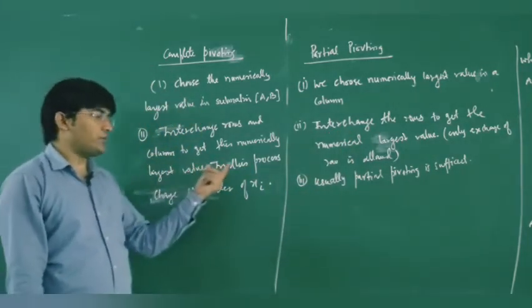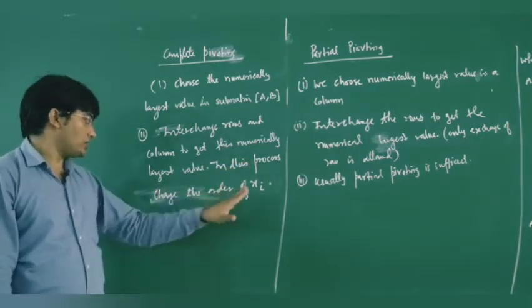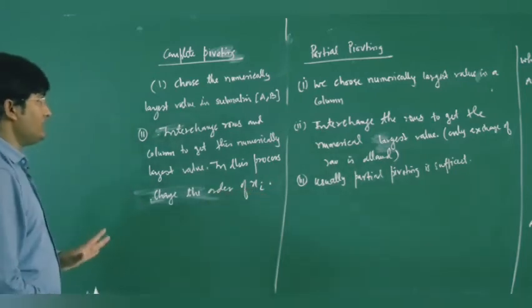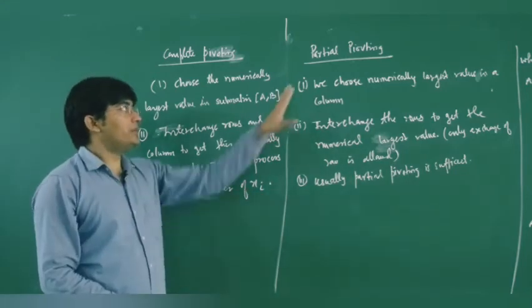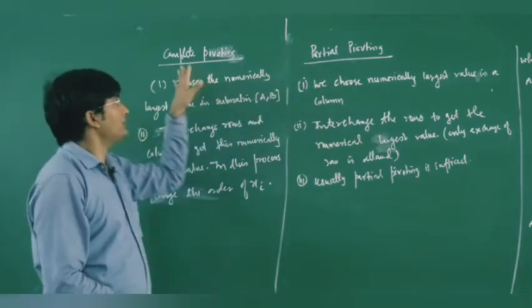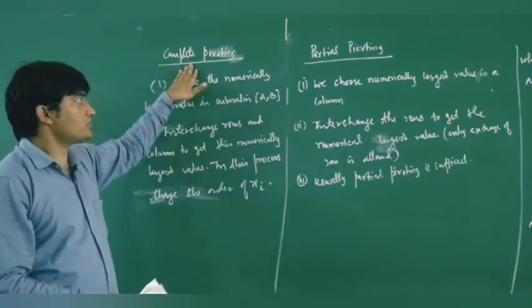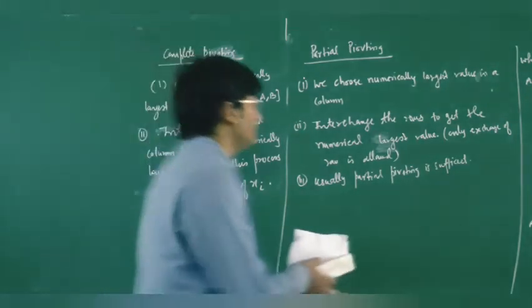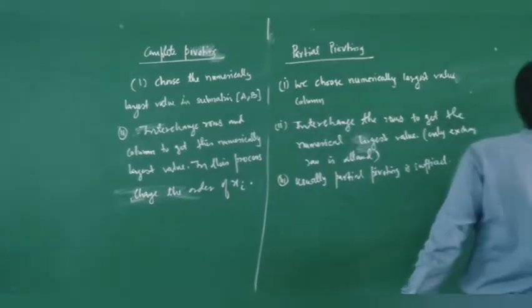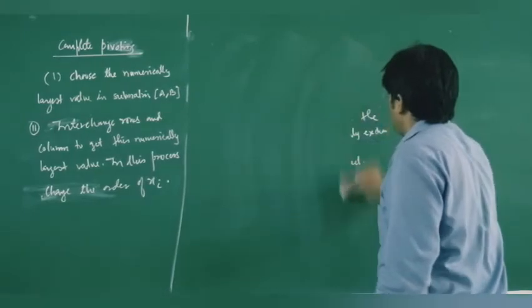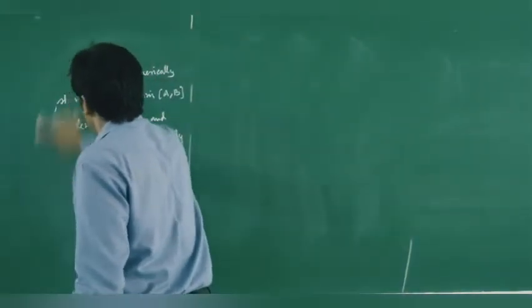So finally when we get the solution, we will have to change the variables xi. Now let us solve a question with the help of partial pivoting and complete pivoting, and then I will show why complete pivoting is necessary. So let us start with the problem. The need of pivoting is to reduce the round-off error.